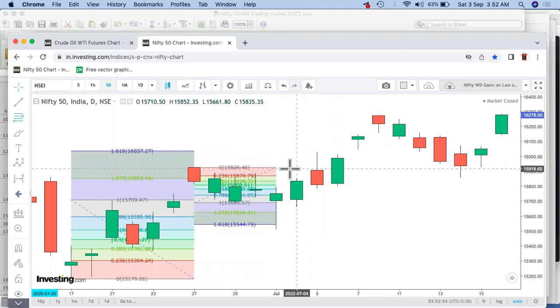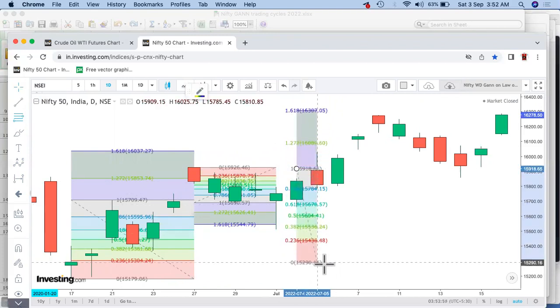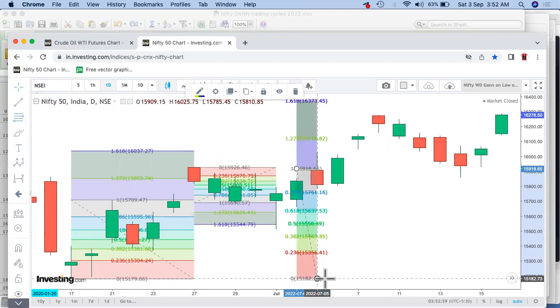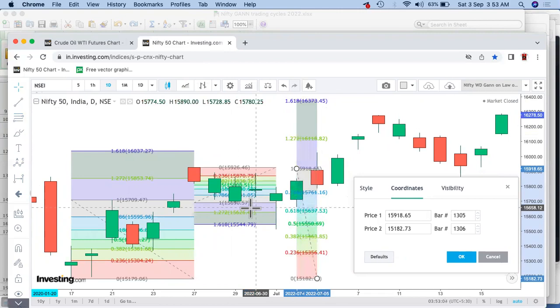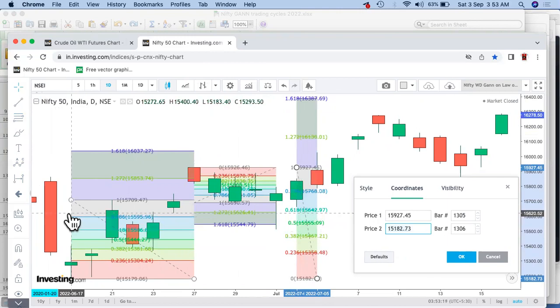But if you see overall, I'll go again for the exact points. The exact point is 15,927.45, and 18,183.4, right?